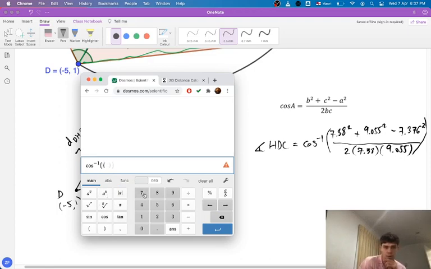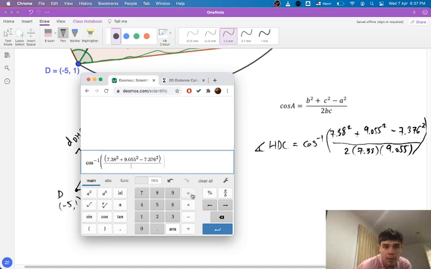So I'm going to go 7.38 and I'll square it plus 9.055 and then I'll square that. Now minus 7.376 and then I'll square that. Now I'm going to need to close the bracket and I'm going to do divide.